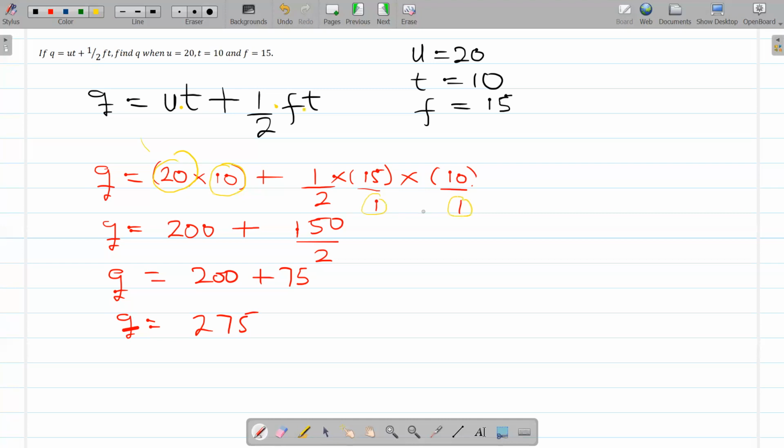So all that we do is multiply the 20 by the 10 and we get 200 plus 150 over 2. The 15 multiplied by 10, we get 150. And 2 multiplied by 1 and multiplied by 1 again, we get 2. Good. So 150 over 2 will give us 75.